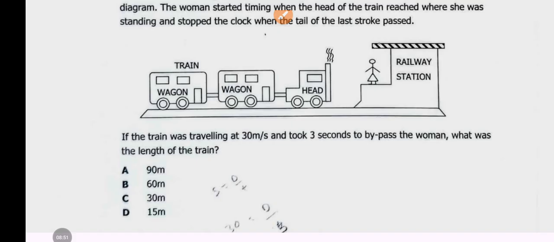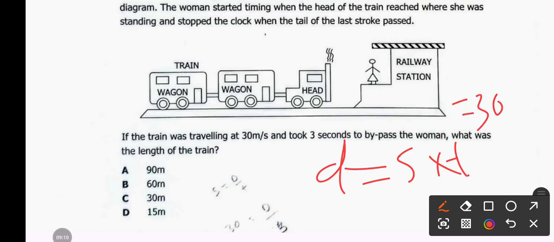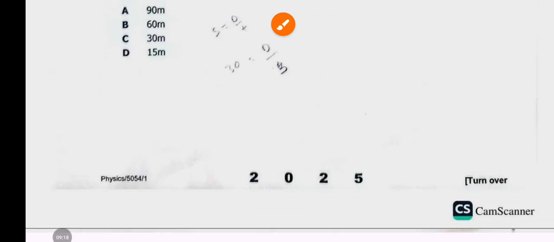If the train was traveling at 30 meters per second and took 3 seconds to bypass the woman, what was the length of the train? Very simple question. Length is the same as distance, so distance is basically speed times time, and the speed is 30, time is 3. So from this we have a value of 90 meters, which is option A.